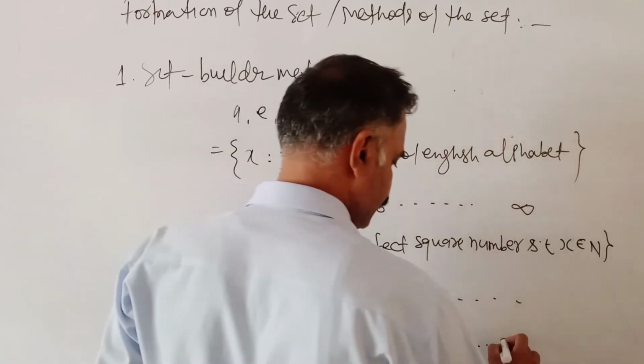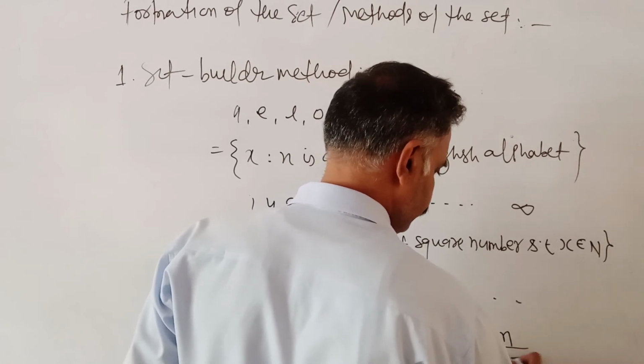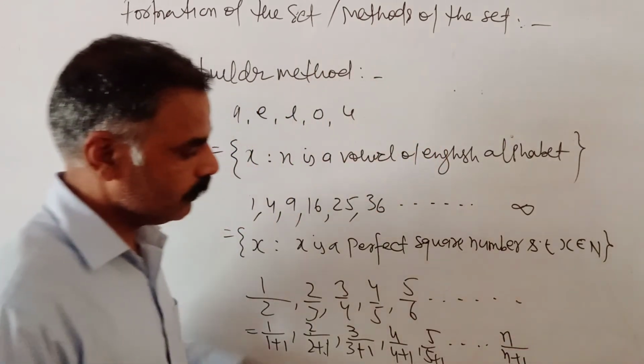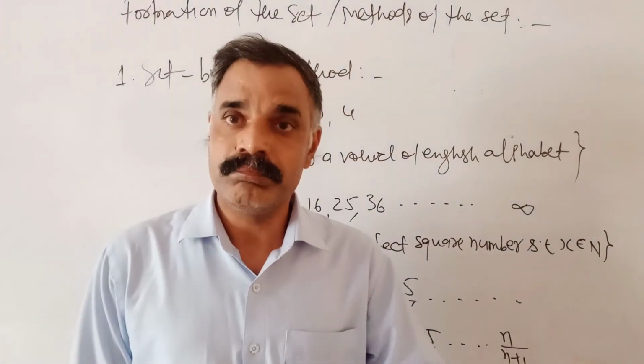For the nth element, we will represent this as n upon n plus 1. So the last element of this collection will be n upon n plus 1.